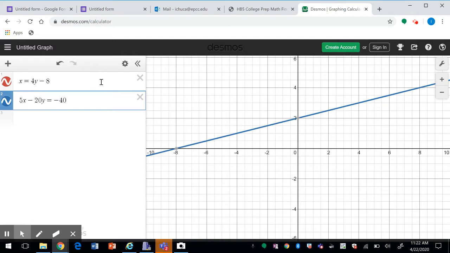Notice it lands on top of the other equation. The first one is in red and the second one is blue. It falls on top of it, so all of these points are common to both lines. That's why we say there are infinitely many solutions.